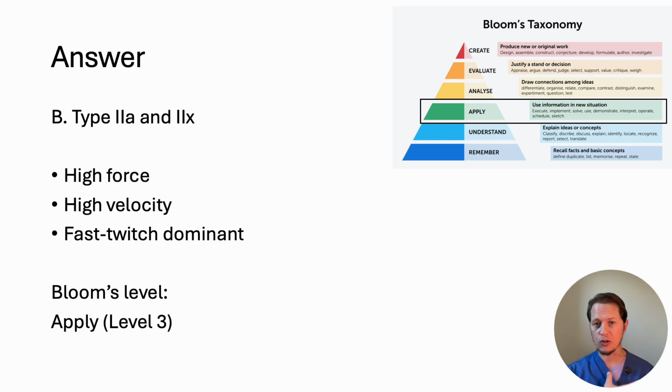Using the information that you learned and understood and applying it in a new situation. That's the whole point of a lot of these case-based questions, to not just have you remember the material or even understand it, but now apply it. And in this situation, heavy resistance, greater than 85% of your 1 rep max, preferentially recruits those fast twitch fibers because type 1 fibers just cannot produce those required force levels.